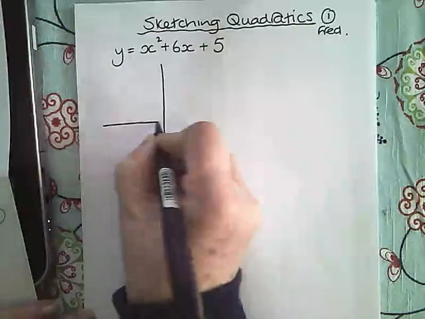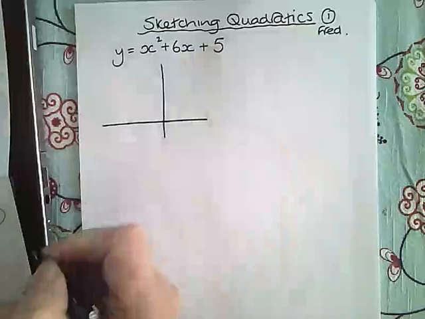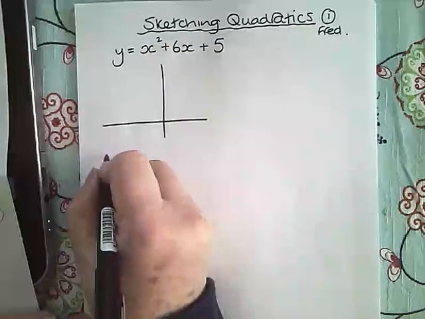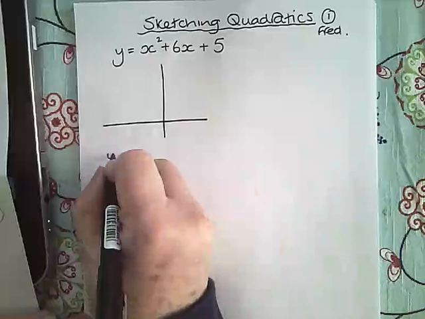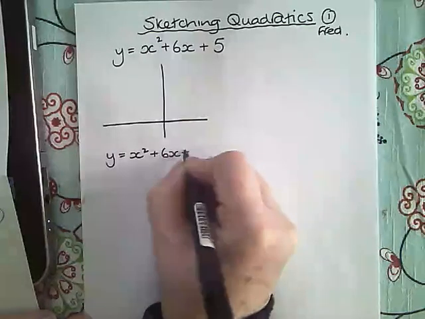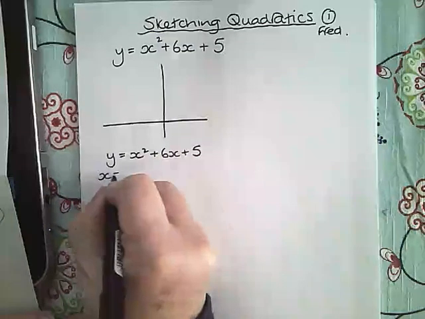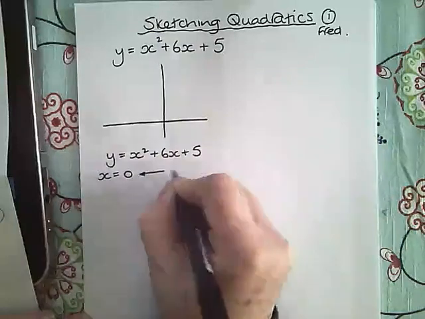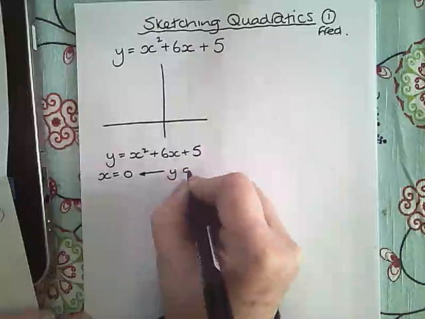And first of all, in this function, y equals x squared plus 6x plus 5, let's see what happens when x is equal to 0. This is the y-axis. When x is equal to 0, this is the y-axis here.